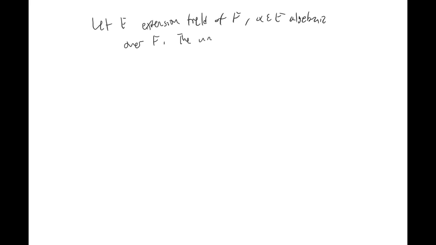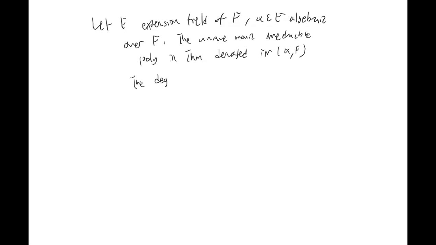The unique monic irreducible polynomial that I just talked about, the generator of the kernel in the theorem, the book denotes the irreducible polynomial of alpha over F. That's how you read it: the irreducible polynomial of the element alpha over the field F. And the degree of this irreducible polynomial is the degree of alpha over F.